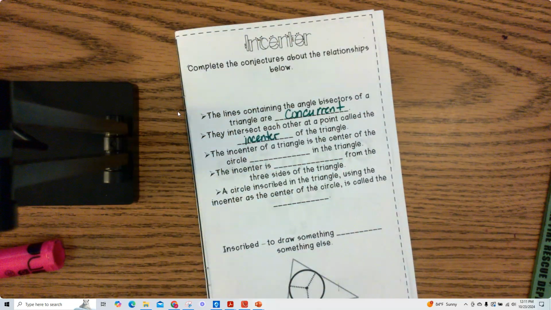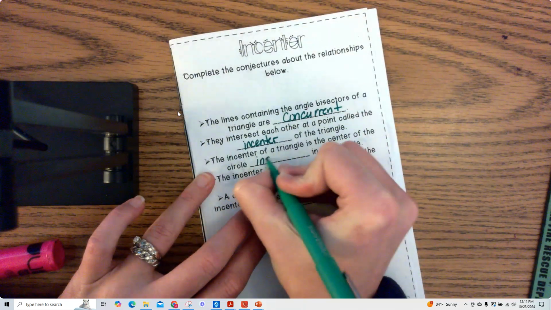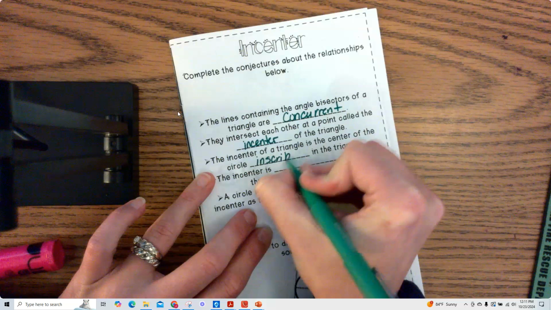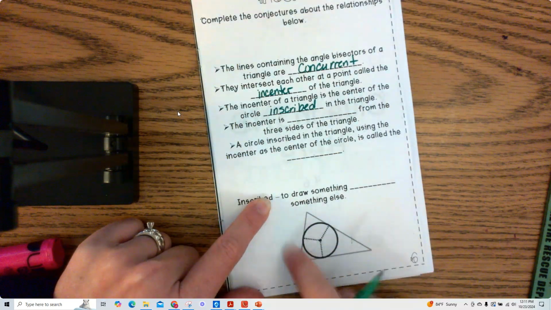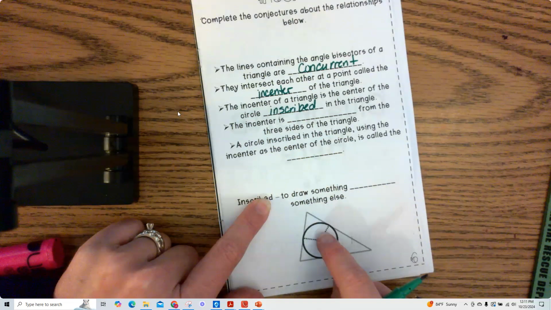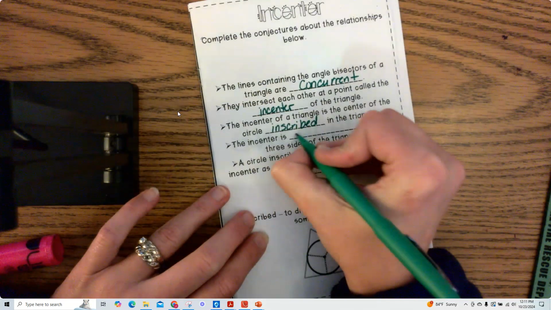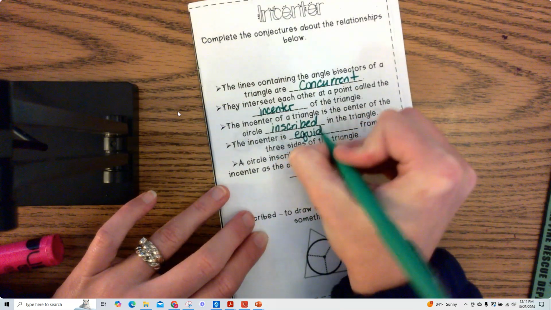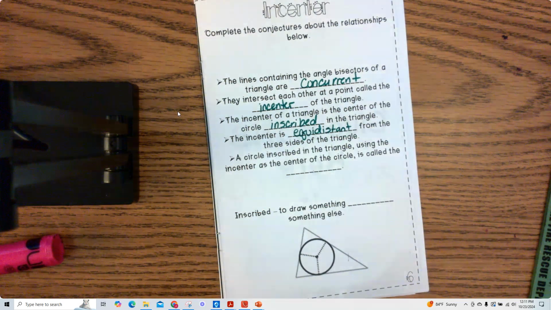The incenter of a triangle is the center of the circle inscribed. So yesterday we circumscribed. We went around. Inscribed is making a circle inside of another shape. The incenter is equidistant from the three sides of the triangle.